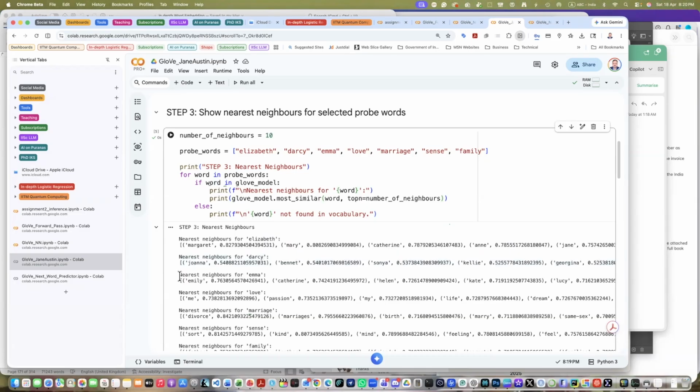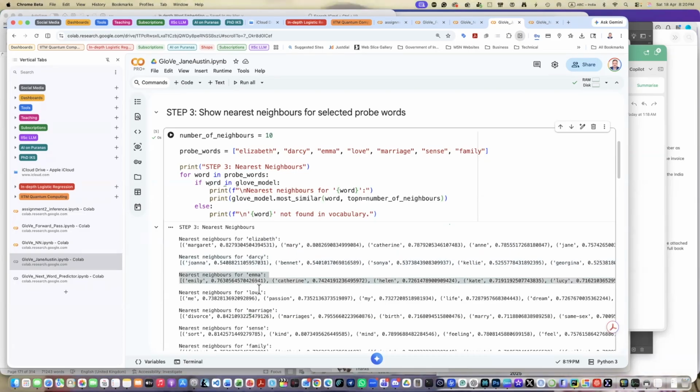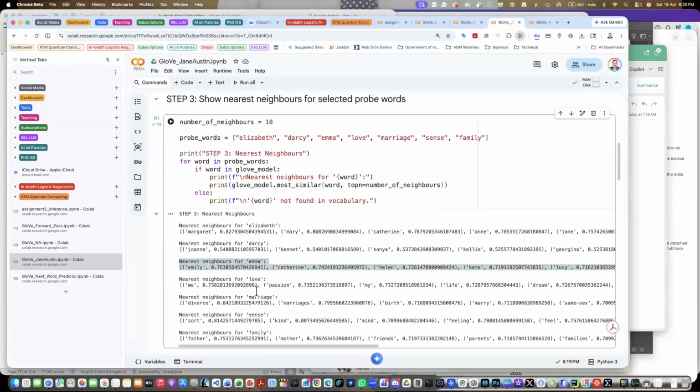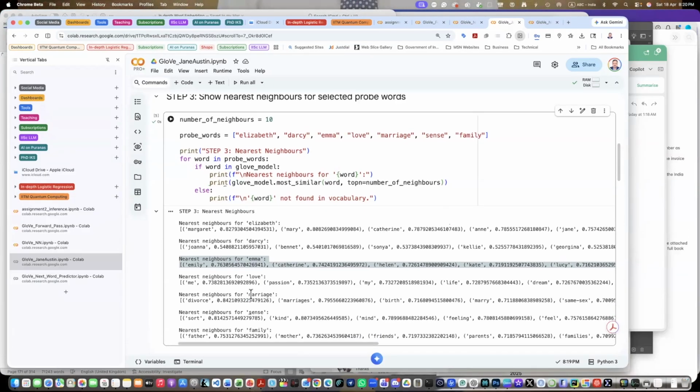Emma is also a name, so it finds that. Now, let's look at this. For love, it says that these words, passion, mind, life, are close. Do you think they are related? Yes, generally they occur together. Similarly, marriage.